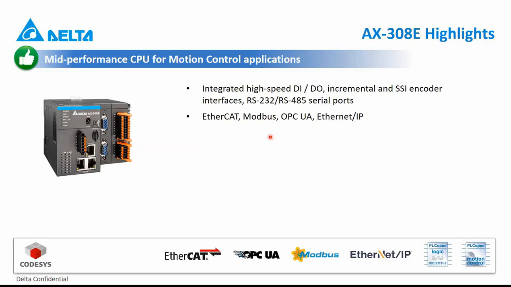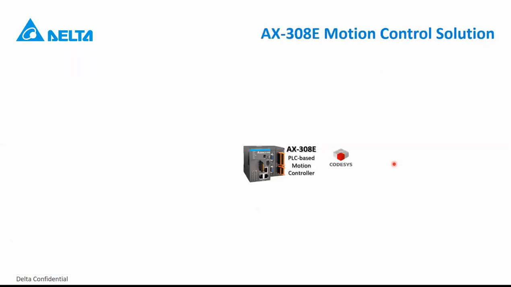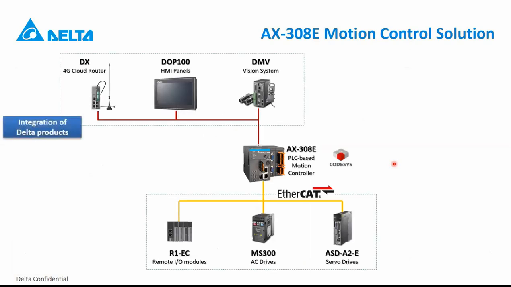Incremental and SSI encoders are supported, and there is a serial port for Modbus communication, for instance. There are EtherCAT, Modbus TCP, OPC UA, and EtherNet/IP communication on AX300. We said that it supports up to 8 axes, and there is CODESYS SoftMotion inside, so you can again use motion blocks defined by IEC 61131. So same topology like AX8.